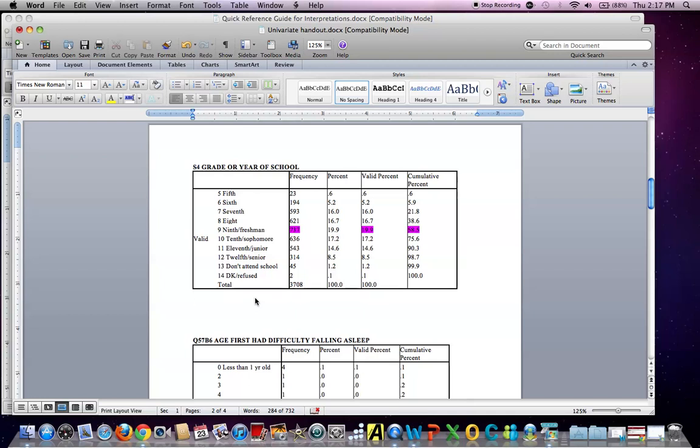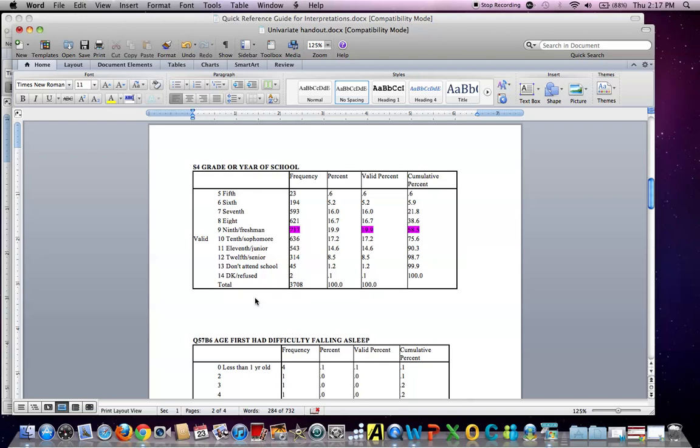Now, this is juvenile delinquency data, and we know that delinquency peaks around the 10th, 11th grade, around 15, 16 years old. So that would be 9th, 10th grade. And so the question becomes, what is the rate or the percentage of students who are in those grades at the time. Okay, so with that said, this is how I would interpret the data.